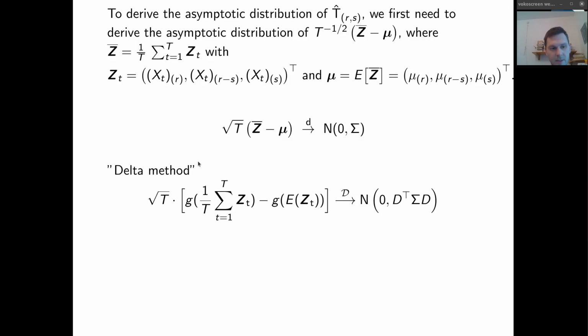And then we apply the delta method with the function g going from R to the power of 3 to R, which rebuilds the initial statistic T. And d here is the gradient of the function g.